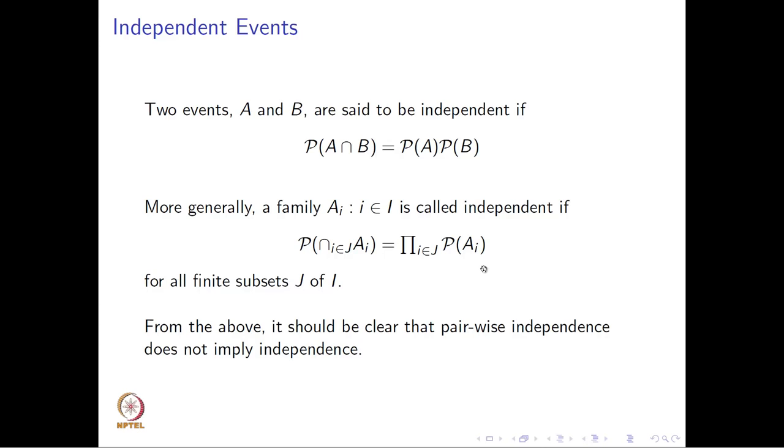Essentially, what we're trying to say here is that if you have a family of events Ai, then the independence condition holds only if for any subset of those events this condition holds. From this, it should be clear that pairwise independence does not imply independence. That is, pairwise independence is a weaker condition.